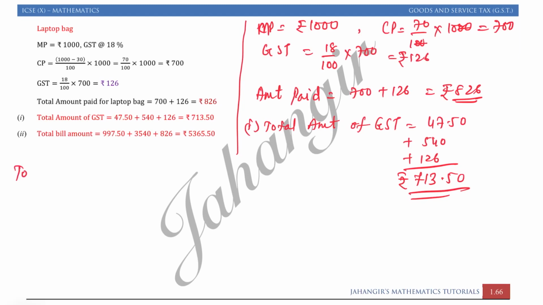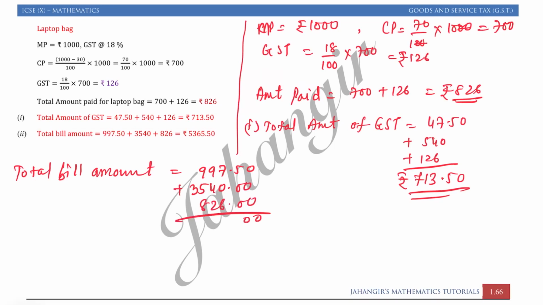And the total bill amount: first 997.50 for medicine, plus 3,540 for the pair of shoes, and 826 for the laptop bag. So adding all with GST, wait, there is some addition error over here, I guess.